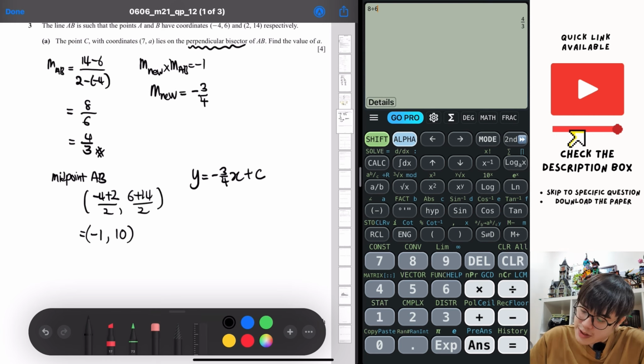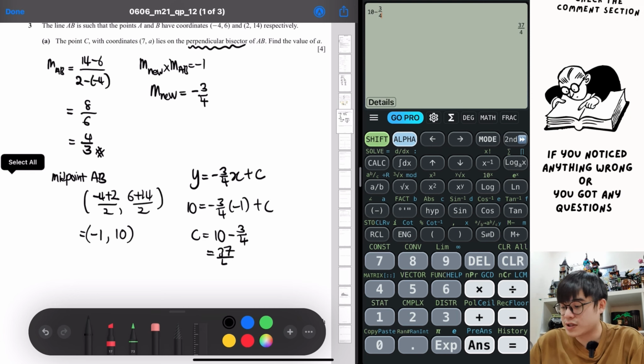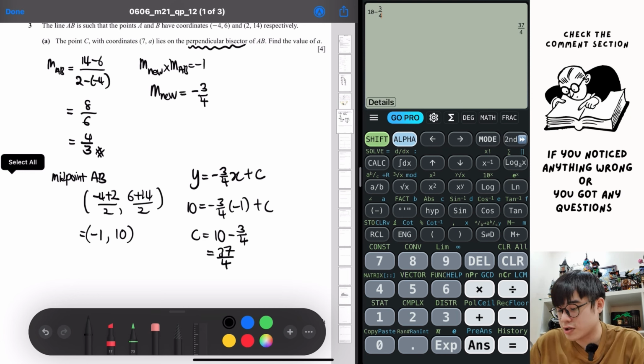Substituting the points, you actually get c equals 10 minus 3 over 4, where the result will be 37 over 4. So this is how you get to the full equation that we will be using here.